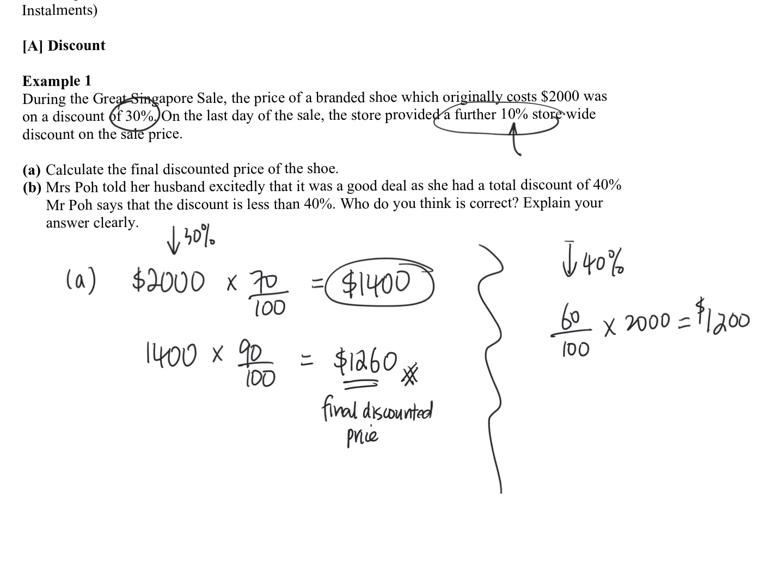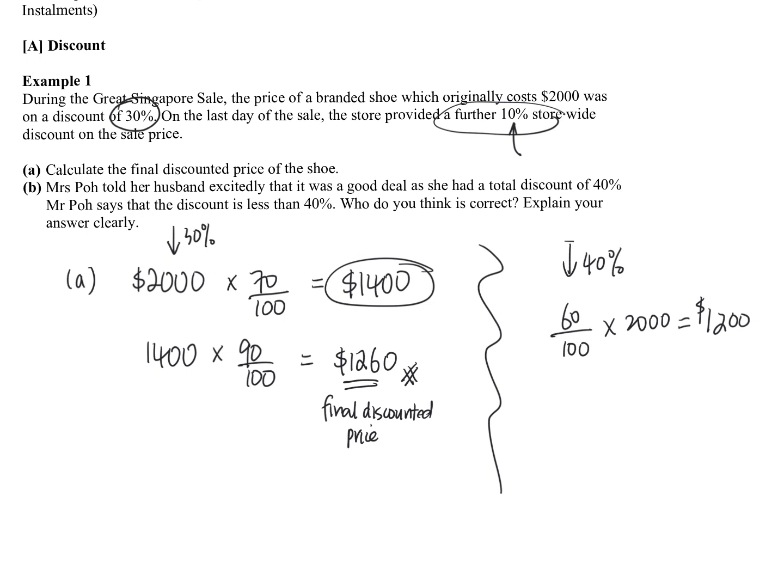So they never give you up to 40% discount. They give you a 30-something percent. Okay, it's not actually 40, so you cannot count this way. You cannot say drop 30, drop 10, means it's drop 40. It's from different base number, so you can't do that. So this one, be careful, it's a common mistake every year students make.